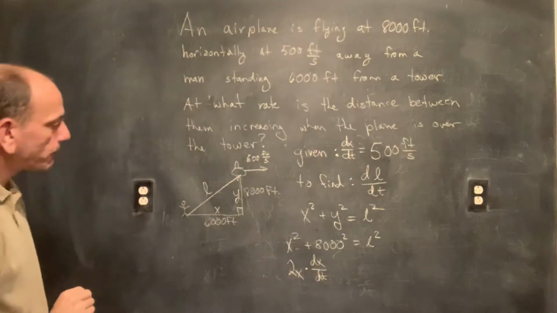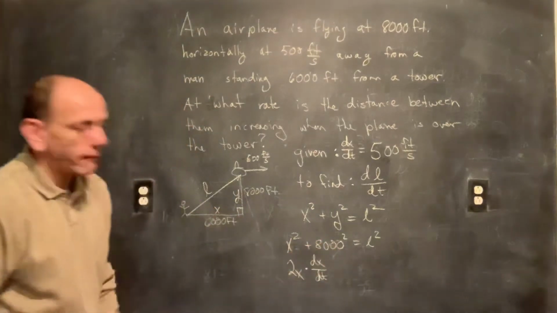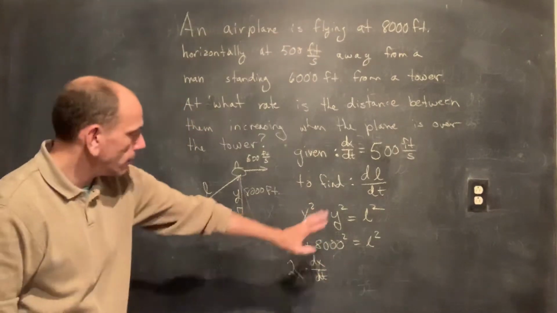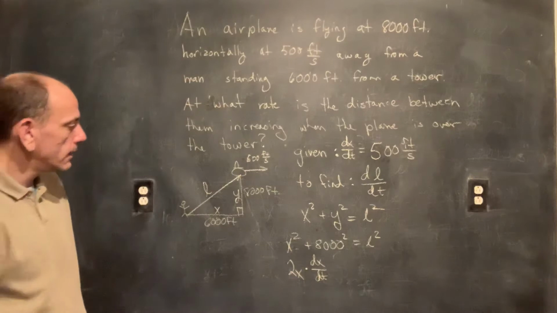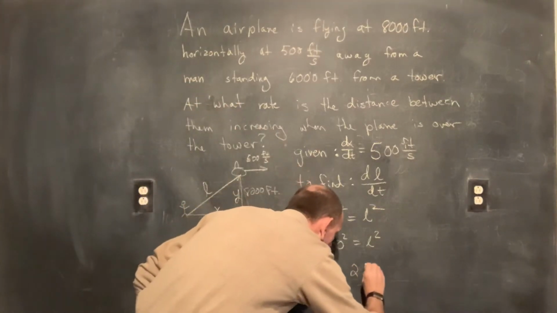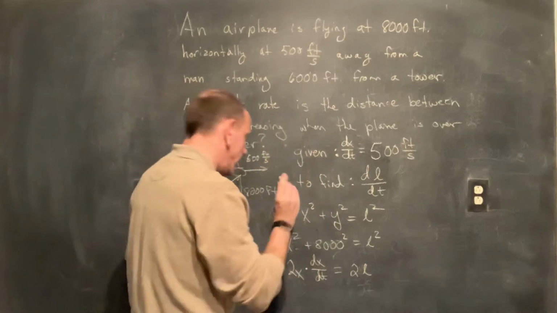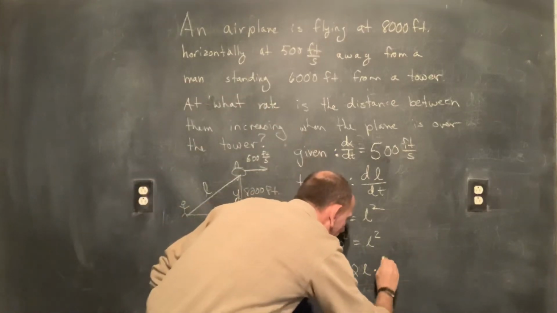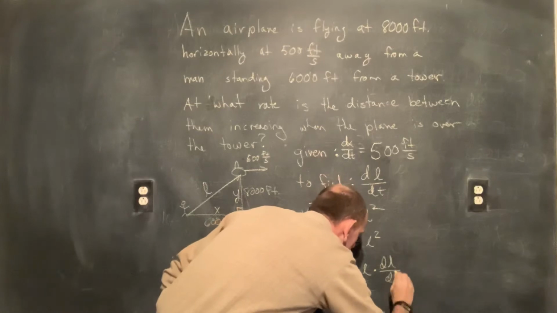Chain rule. The derivative of a constant is 0, so it didn't really bother me what that value was. And on the right I'll have 2L dL/dt, chain rule.